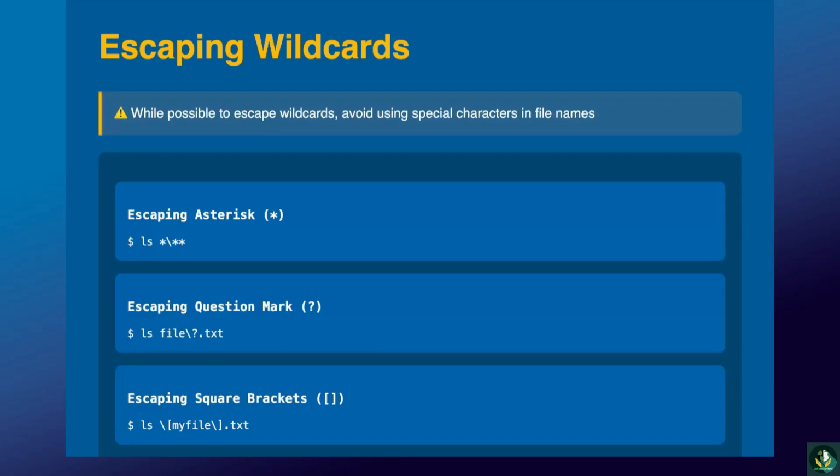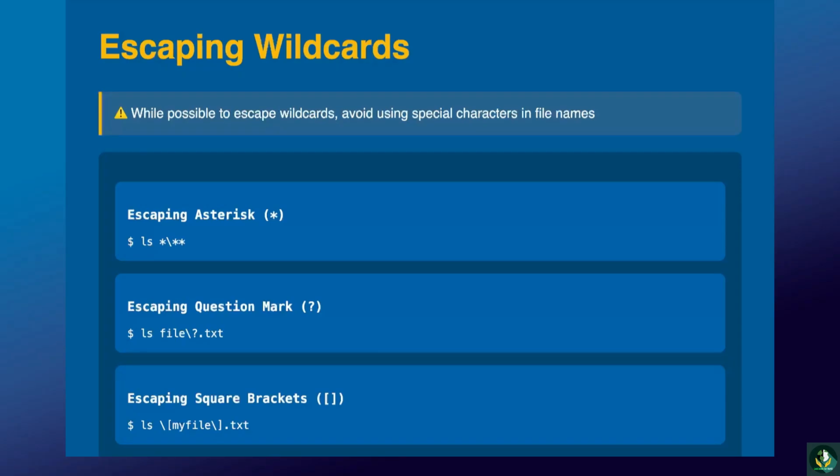For situations when file names contain special characters like asterisk, the backslash serves as a prefix to indicate that the following character should be treated literally. So we don't want to use this character as a special character, but we want the system to treat it as an ordinary character. And in this situation, we'll use the backslash, which precedes any special character that needs to be matched exactly.